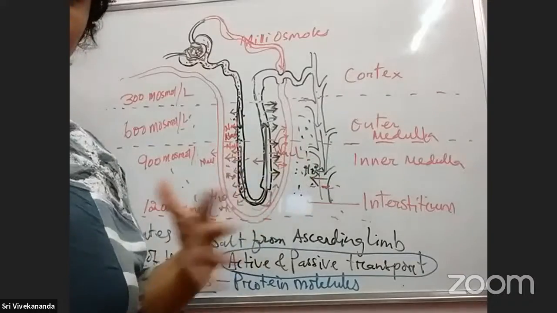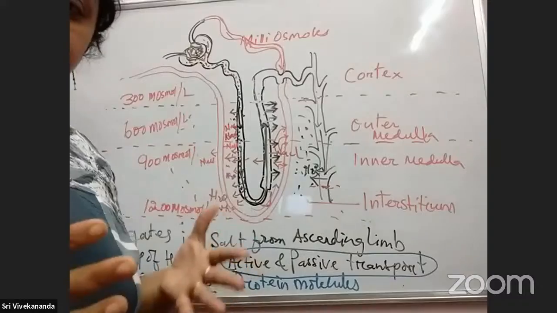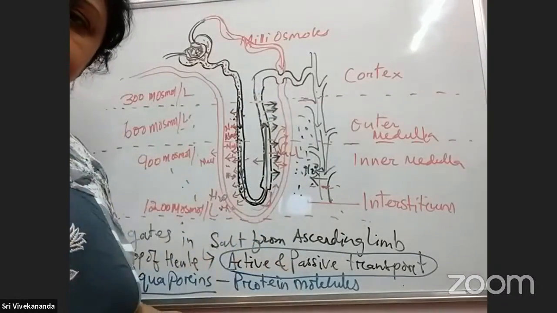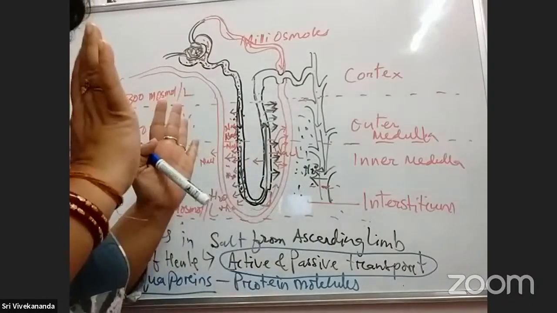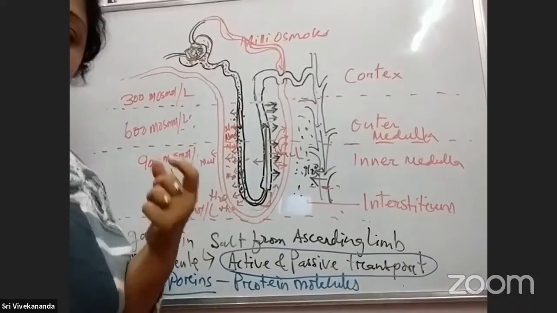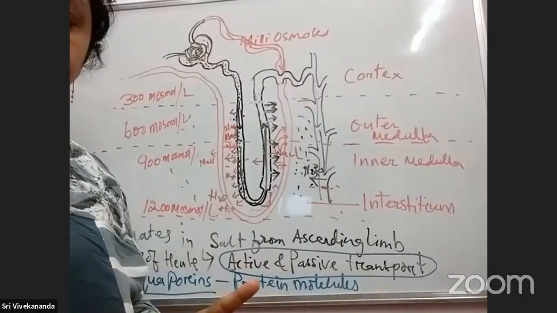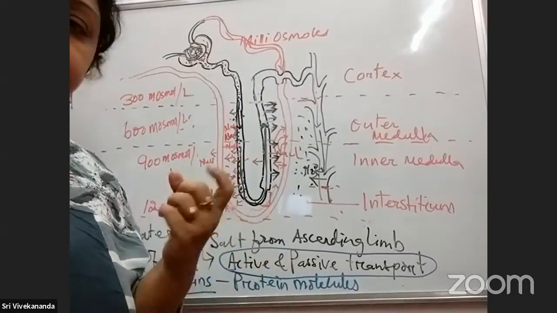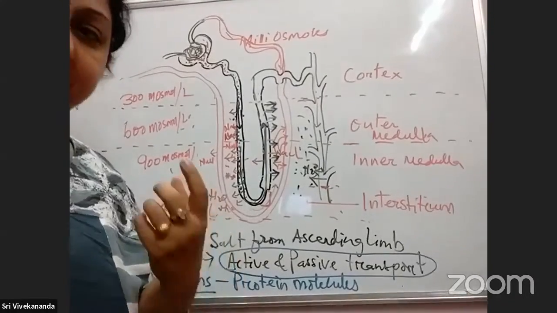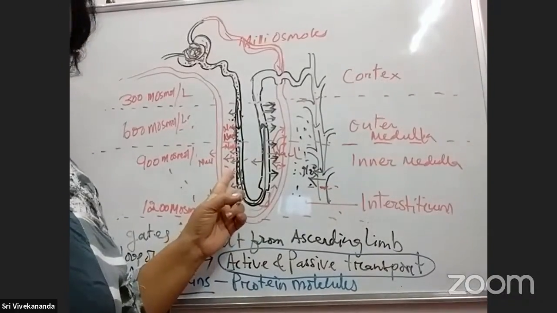If there is no osmosis process, no concentration gradient process, it will leak out all the water. So the filtrate will always lack water. We will excrete highly concentrated urine, which is not desirable for our body. That is a very bad condition. That thick urine we cannot pass.